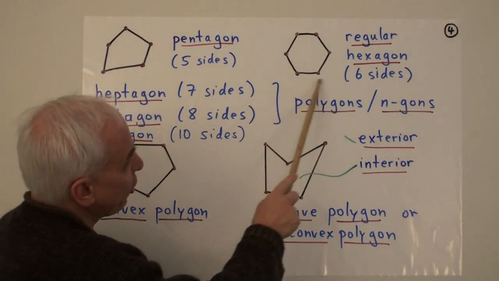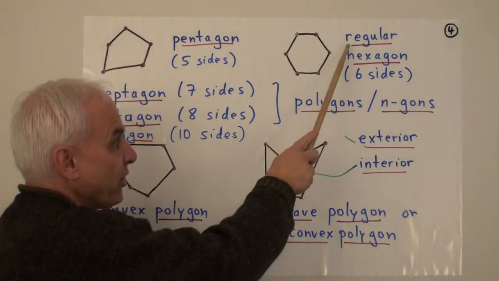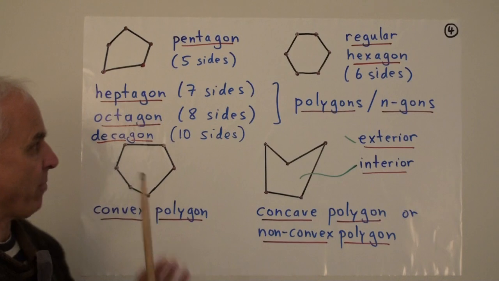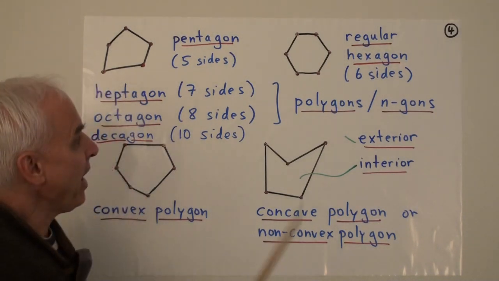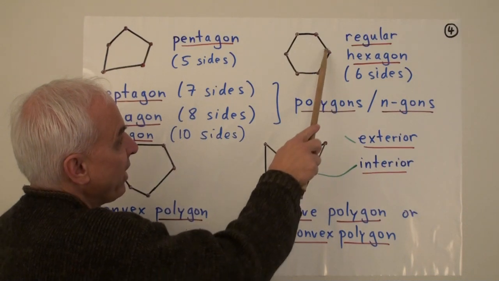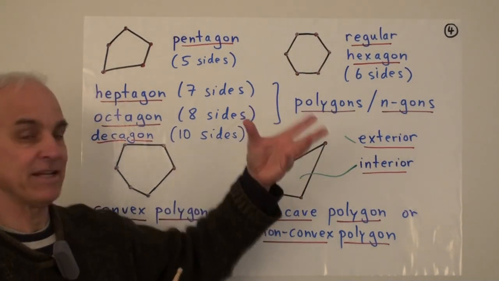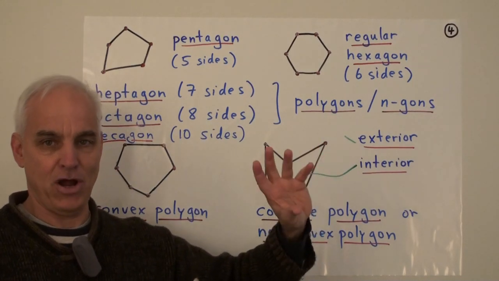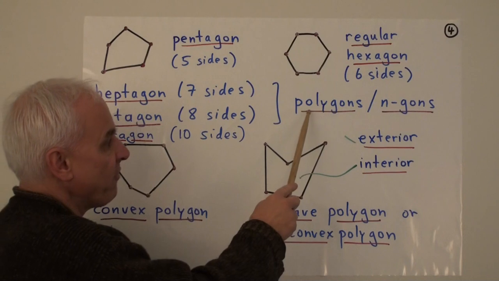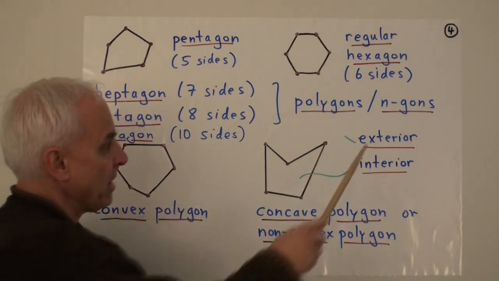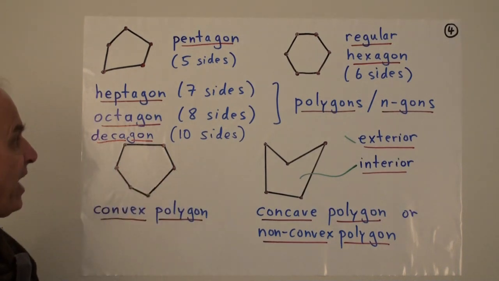And this is an example of a special kind of hexagon, one called the regular hexagon, which has the property that all of the 6 sides are exactly equal, and all of these angles or spreads are all also equal. So it's a very symmetrical hexagon. So these are examples of polygons, or sometimes called n-gons. And there are higher ones too that have names.